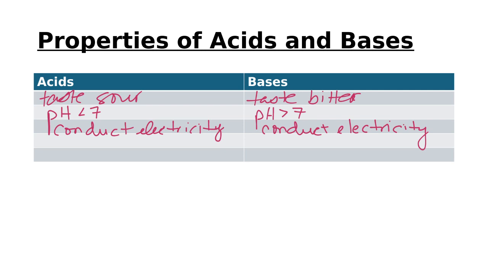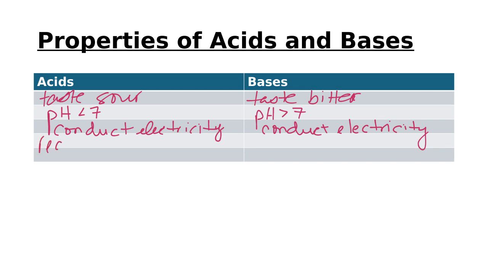Depending on the type of acid and base that you have, some will conduct electricity better than others. Strong acids and strong bases conduct electricity very well because they break down 100%, but weak acids and weak bases only break down less than 50%, which is where we'll be going with our equilibrium lessons. And so they'll conduct electricity, but not that well.